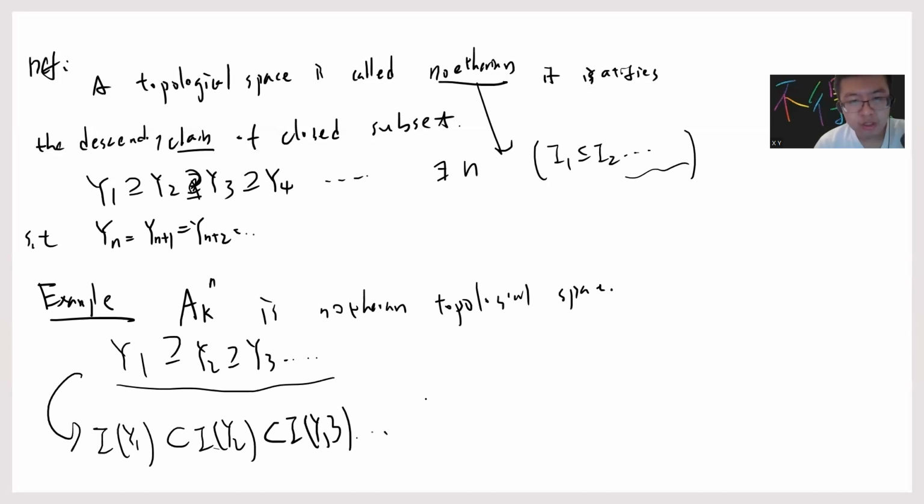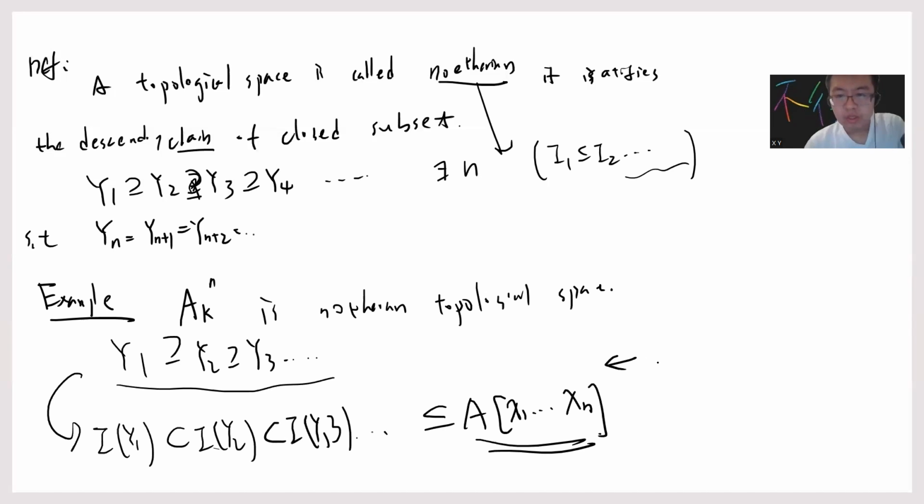So Y1 ⊃ Y2 ⊃ Y3, and this gives an ascending chain of ideals in K[x1, ..., xn]. By the Hilbert basis theorem, we know that this ring is noetherian because K is a field, so K is noetherian, and by the Hilbert basis theorem, this ring is noetherian.